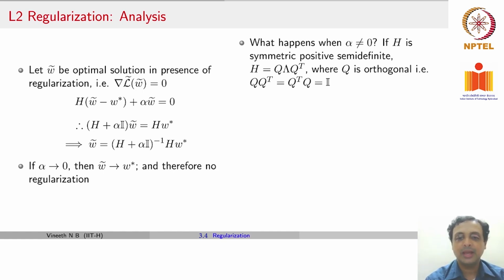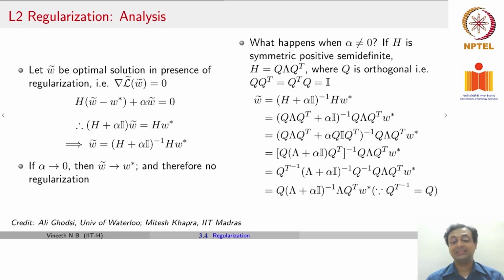In such a scenario, H can be decomposed as Q lambda Q transpose, where Q is an orthogonal matrix. Q Q transpose is equal to Q transpose Q is equal to I. This should also tell you that Q transpose is equal to Q inverse. That's the only way you will be able to write it this way.